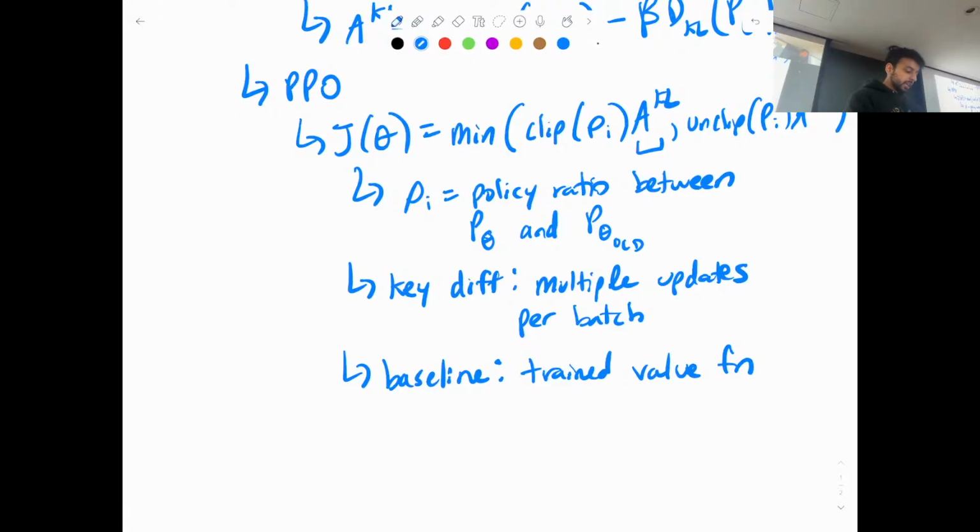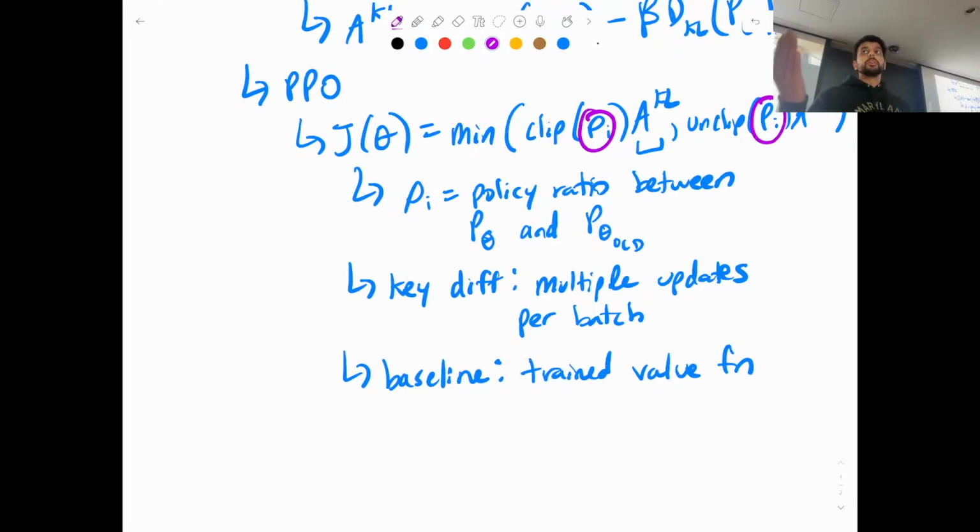So when we take the gradient of this J here, we are keeping our advantage; we're not going to backprop into the advantage. What we are backpropping into is this policy ratio. The policy ratio says how much more likely this token is under my current policy than the old policy. If we increase that ratio, if it's above 1, that means the token is more likely under the new policy.